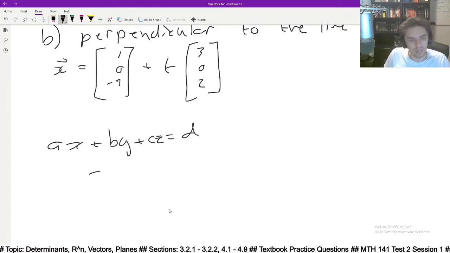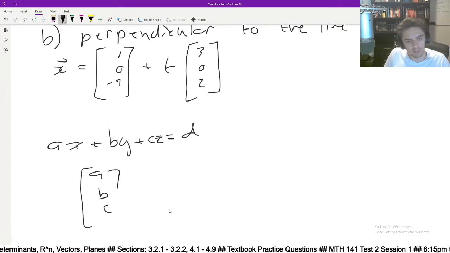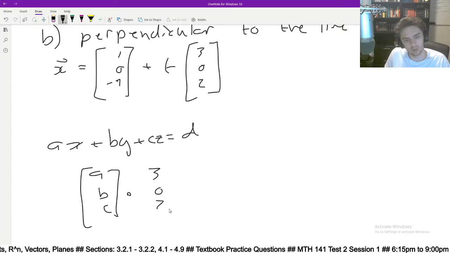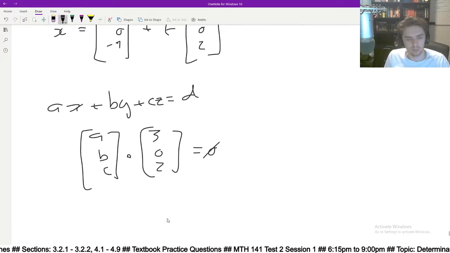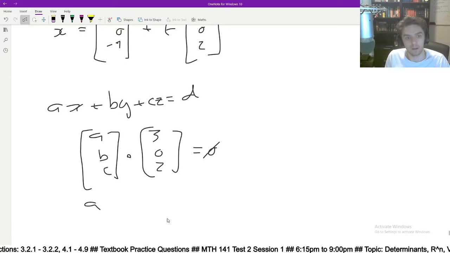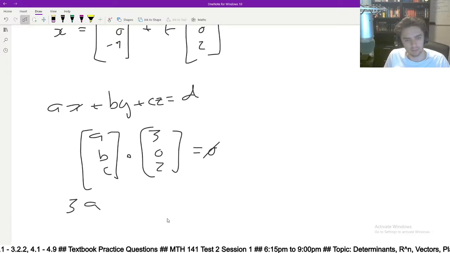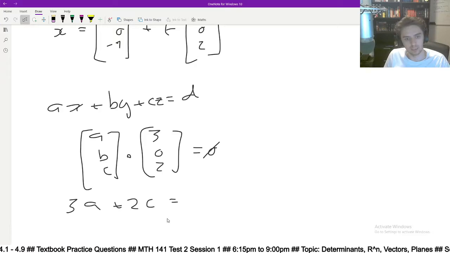So we know that the vector (a, b, c) dotted with (3, 0, 2) equals 0. In other words, 3a plus 2c equals 0.